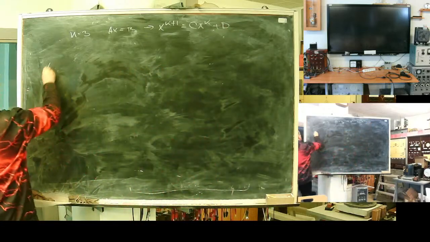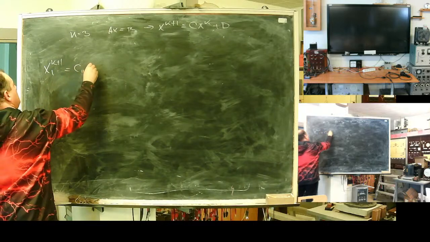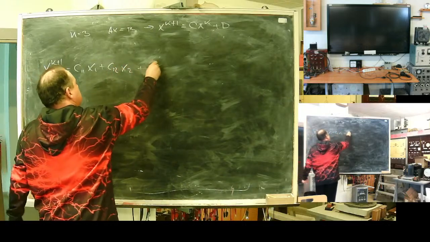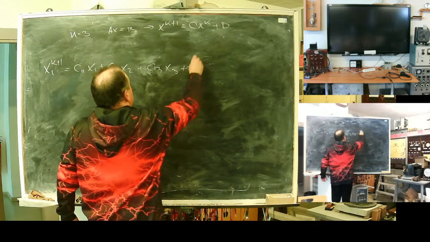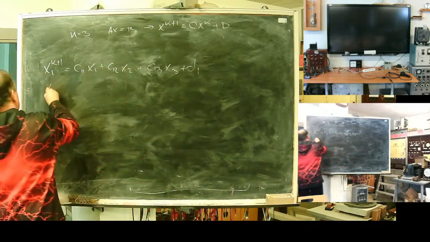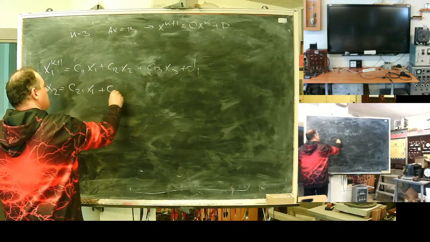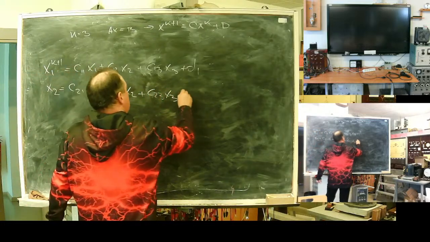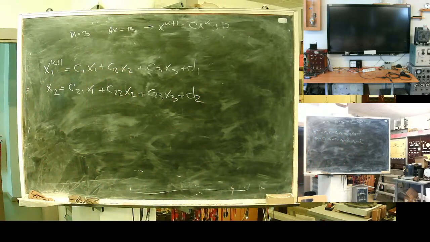Okay, let's write it. x1 next will be c11 x1 plus c12 x2 plus c13 x3 plus d1. x2 next will be c21 x1 plus c22 x2 plus c23 x3 plus d2. Stop, said Seidel. Ludwig von Seidel.